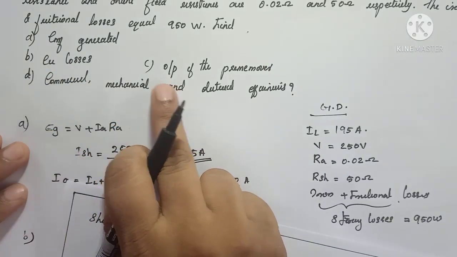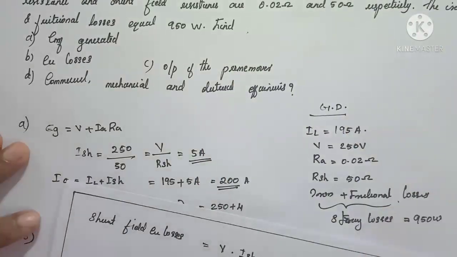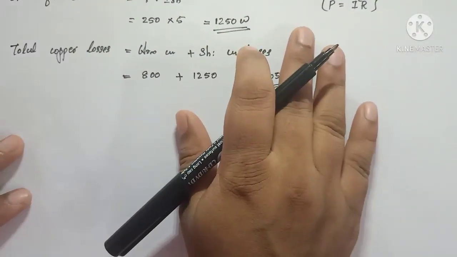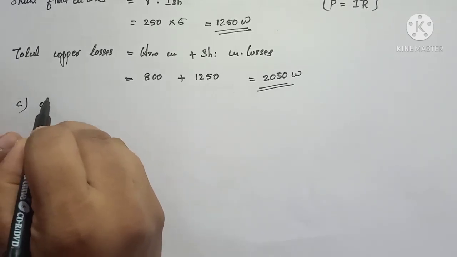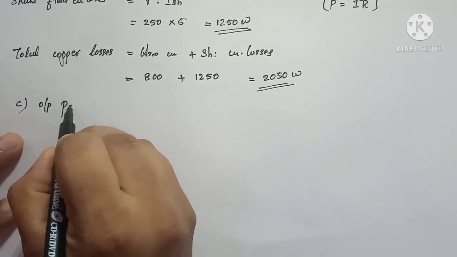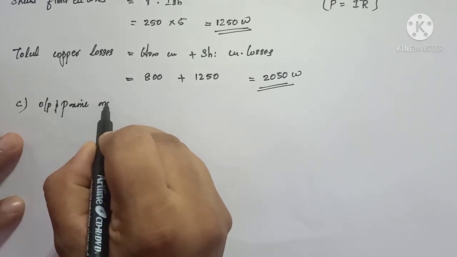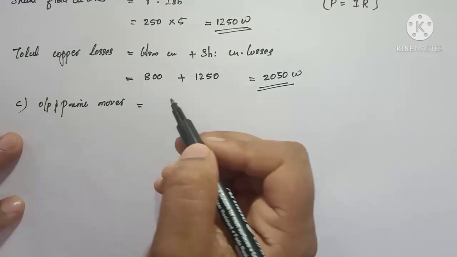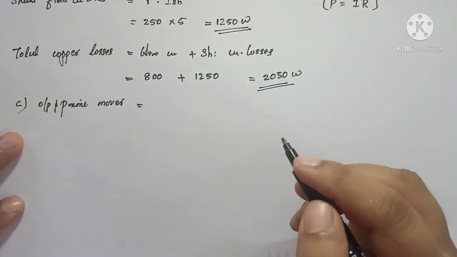And the third case is the output of the prime mover. We know that the output of the prime mover is nothing but the input of the generator.